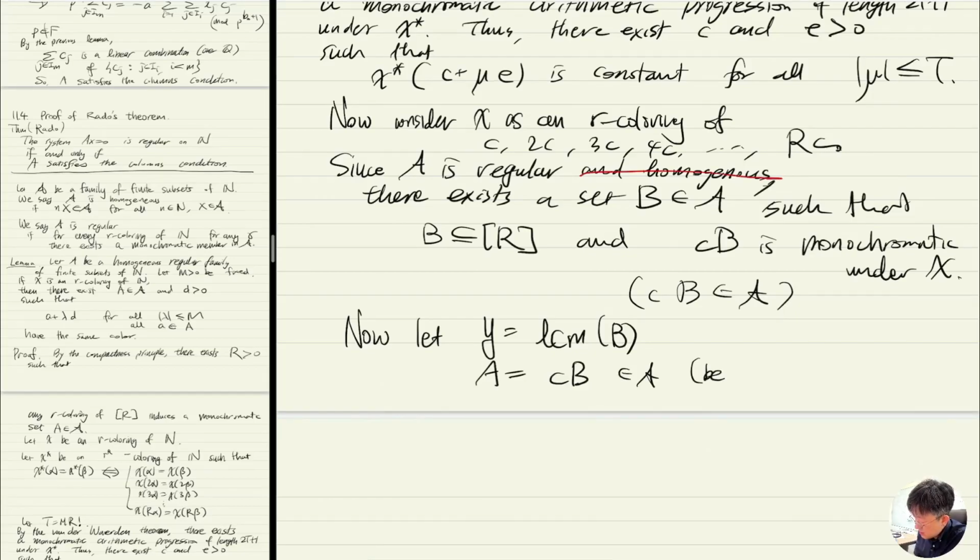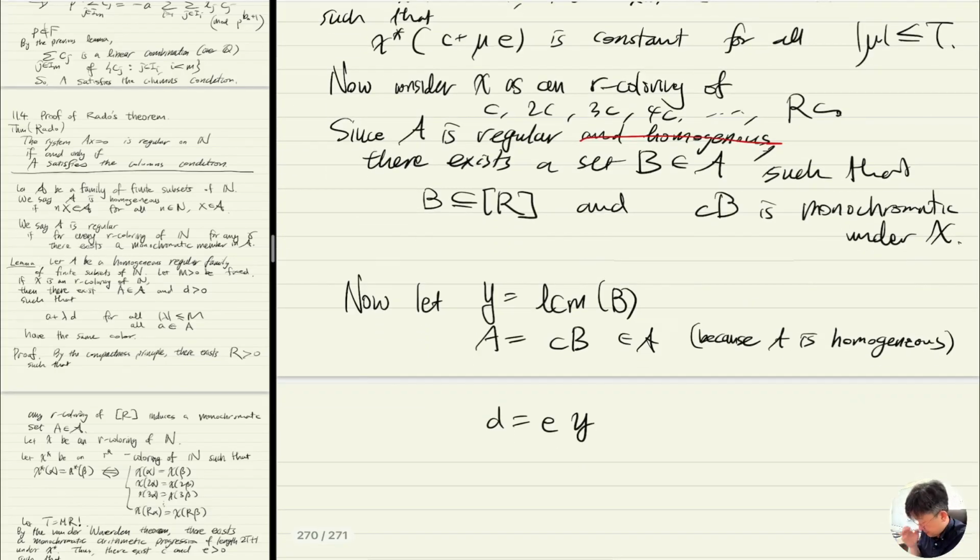because, yeah, maybe I will fix it. Let me delete this line. This is because A is homogeneous. All right, and d is going to be e times y. Yeah, so I'm multiplying by this least common multiple.